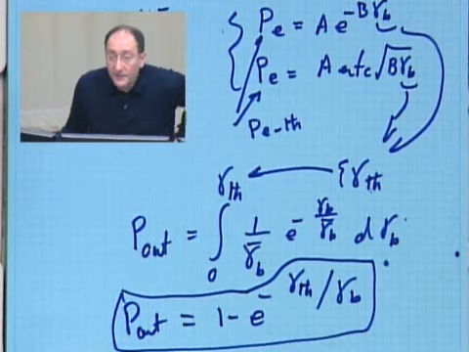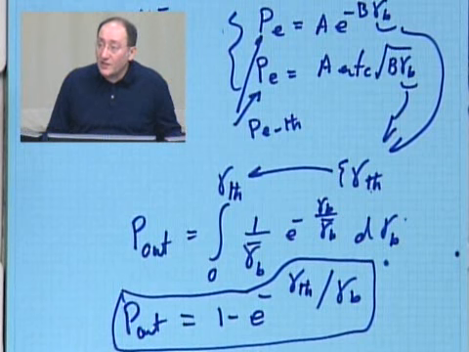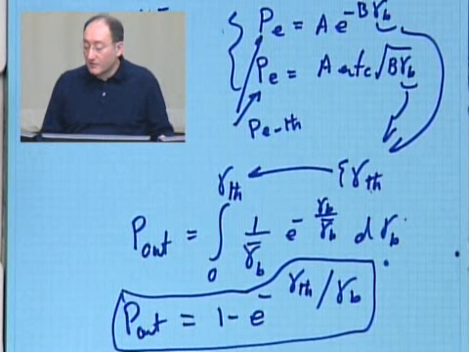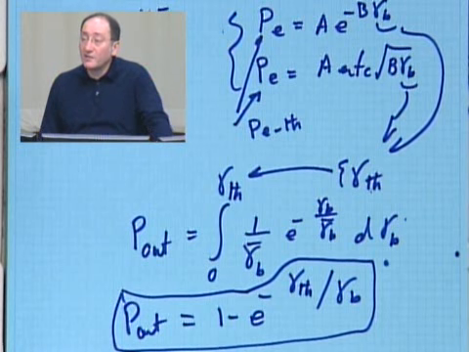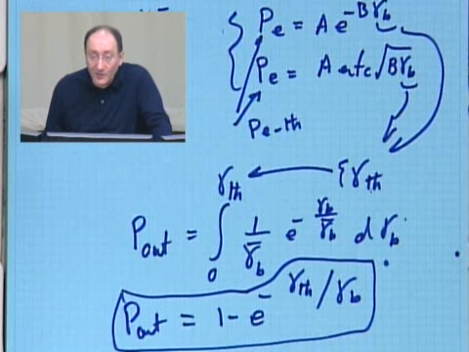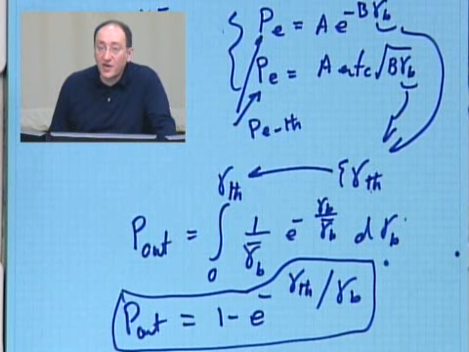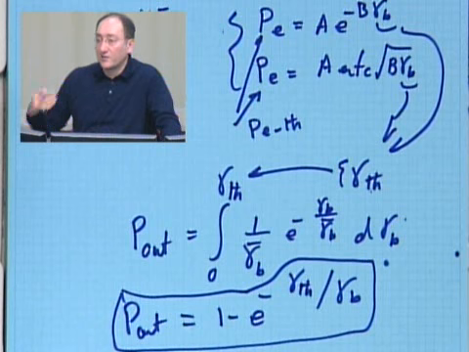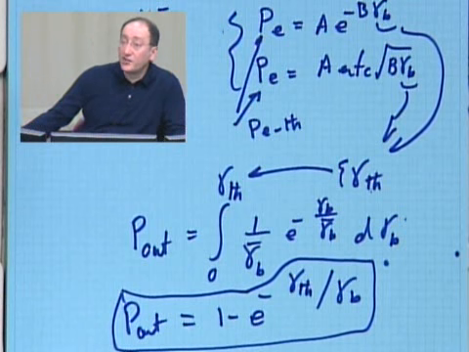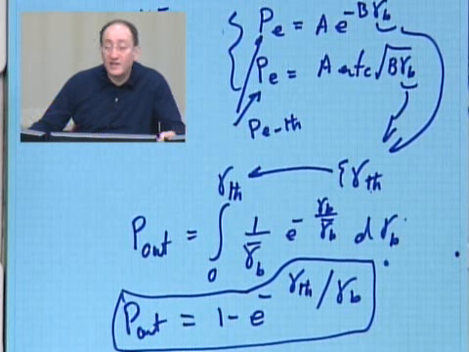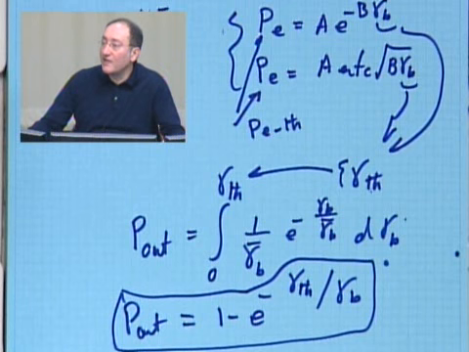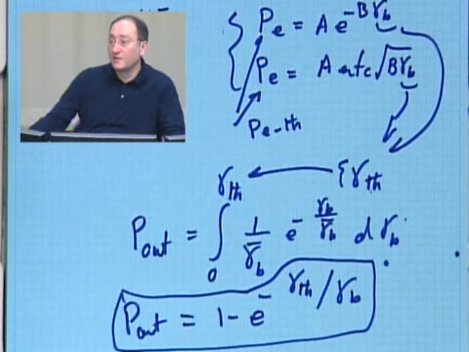Did you follow that? What is the physical meaning of this probability of outage? This is the percentage of the time that my signal to noise ratio is unacceptable. Unacceptable means the signal to noise ratio is below a threshold value that I wanted, or my error rate is worse than a certain value that my customer has told me.